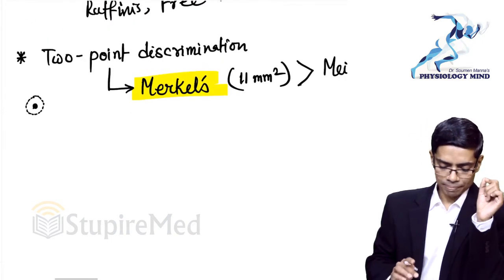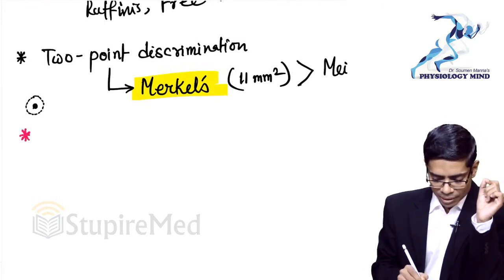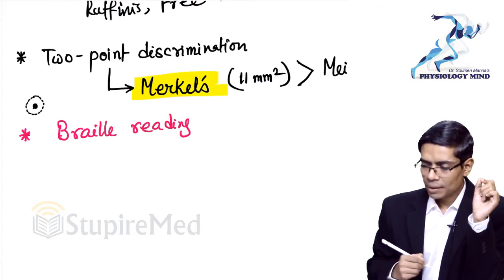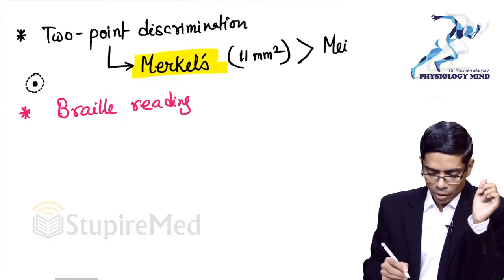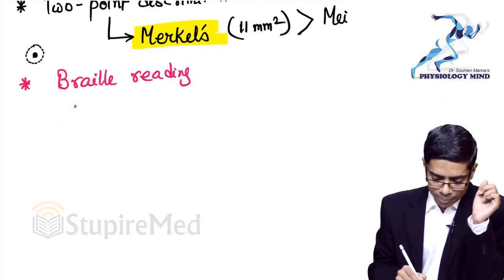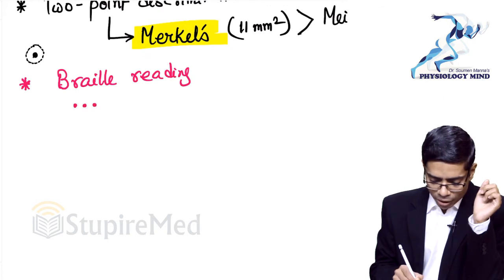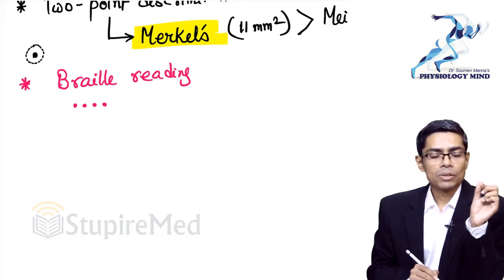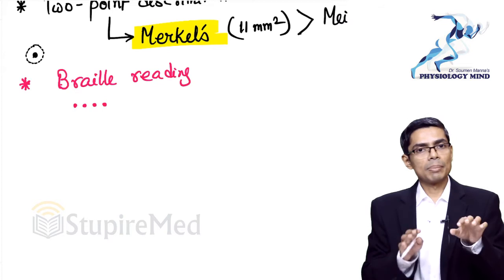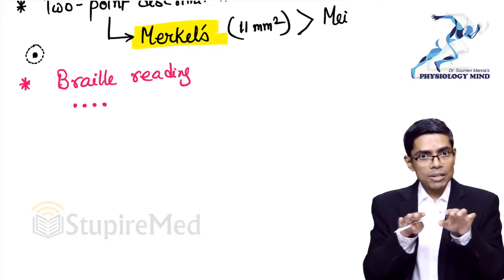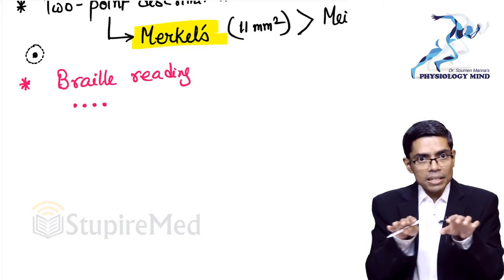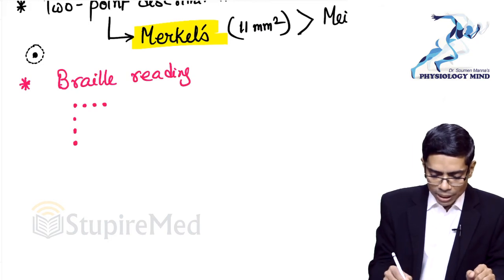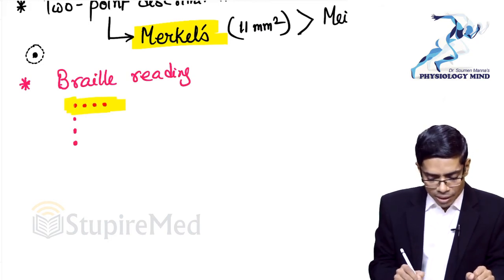For the same reason, there is an MCQ on Braille reading. All of you know that Braille contains some elevated small points or dots, and these dots are separated by 2 to 3 millimeter. The blind patient has to count how many dots are there and whether the dots are horizontally or vertically placed.